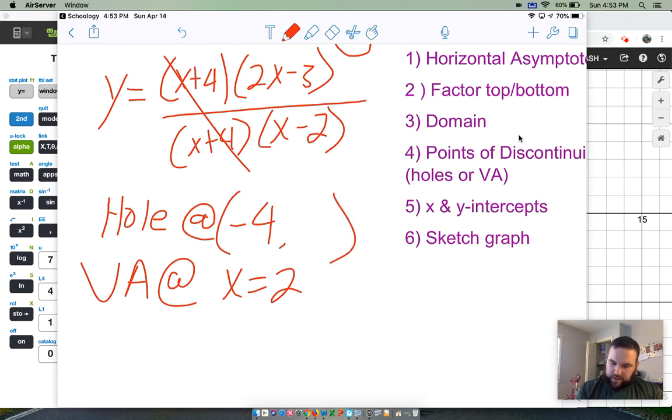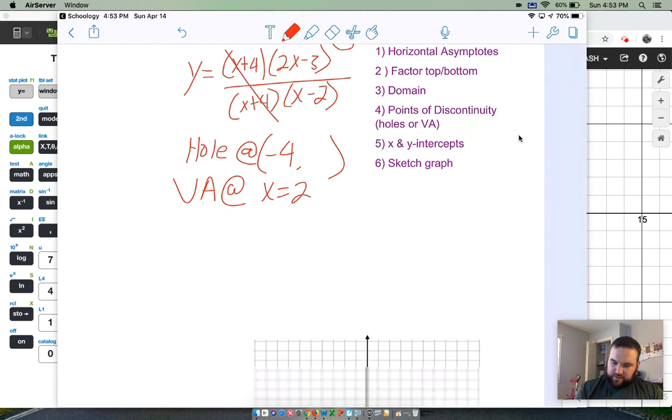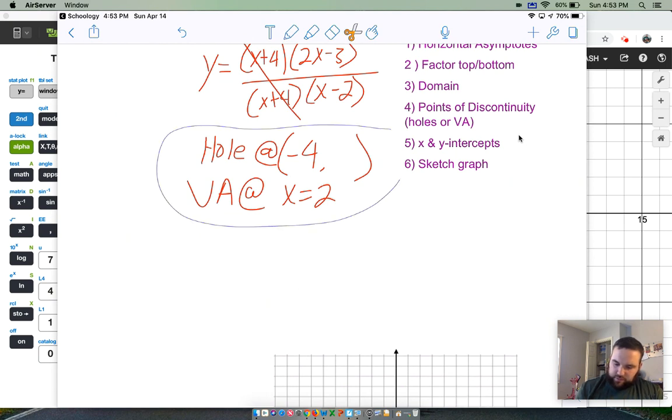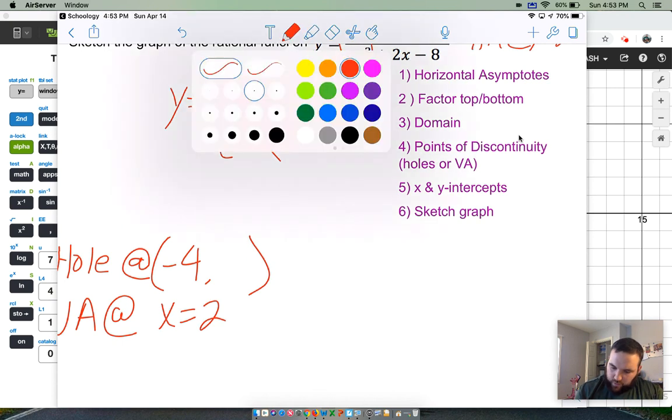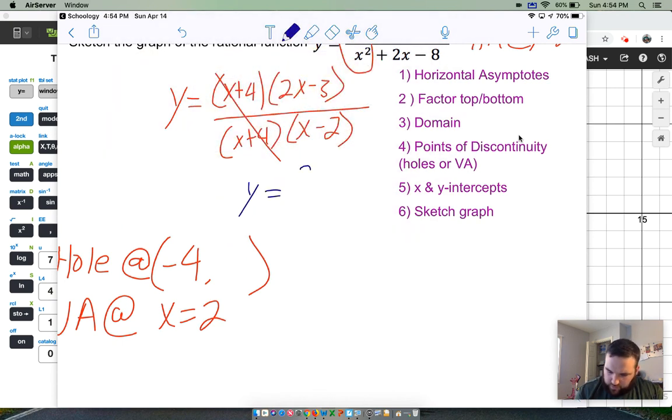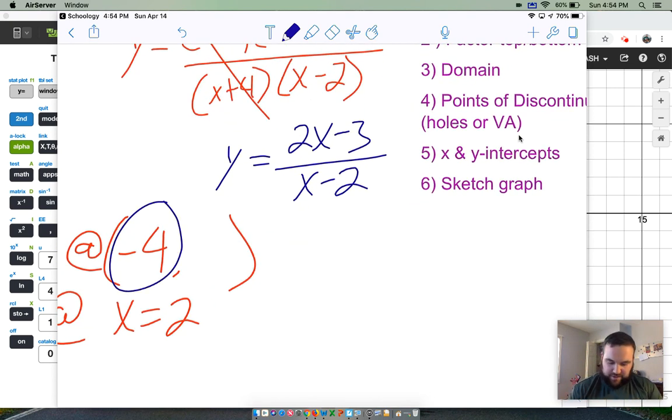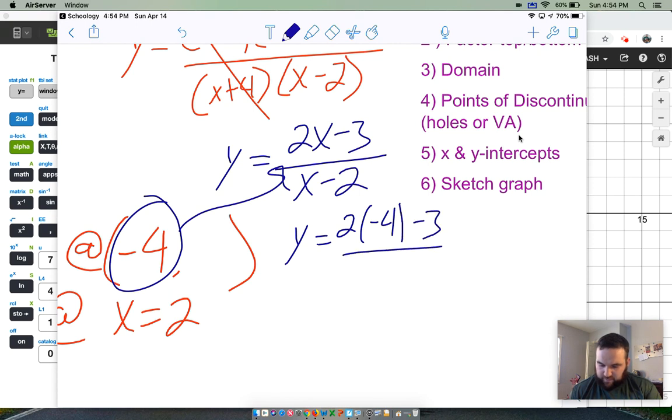The one thing we are going to add here, since I'm graphing this now, is a coordinate for the hole. So I'm going to write the simplified version of the function after I take out the x plus 4, and then plug in -4 for the x's. That's going to give me the actual coordinates of the hole in the graph.